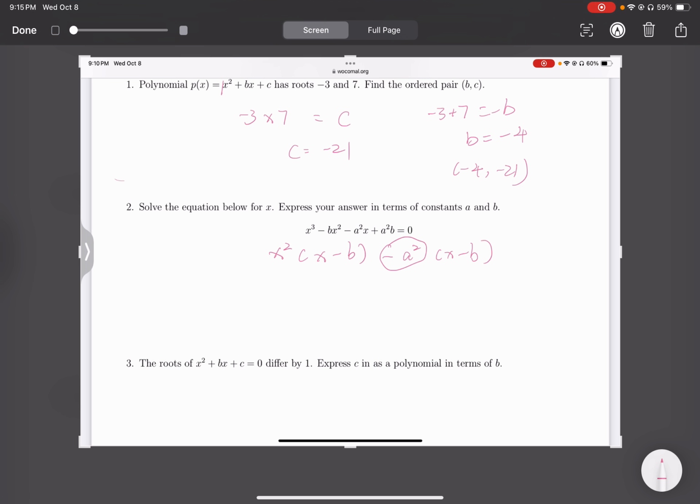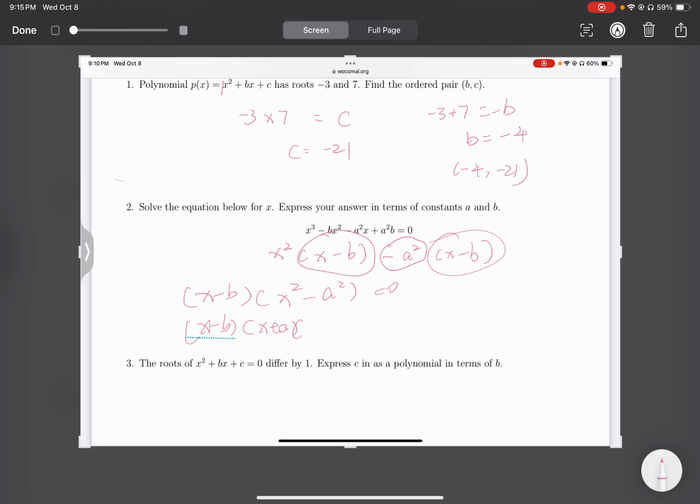So in other words, we can factor it again, because both of them have x minus b. So x minus b times x squared minus a squared equals 0.